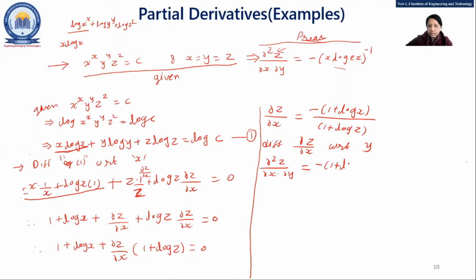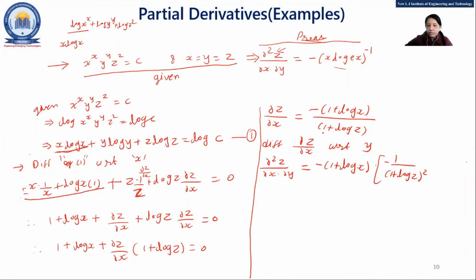Now for 1 upon (1 plus log z), the differentiation is minus 1 upon (1 plus log z) whole square, I am writing directly.